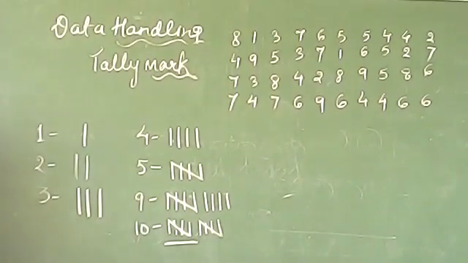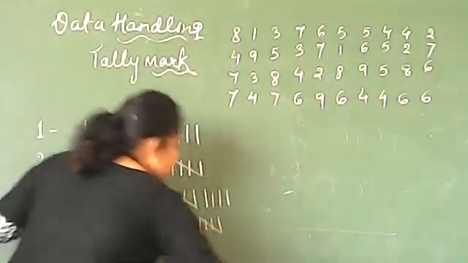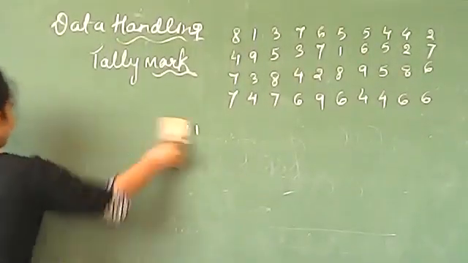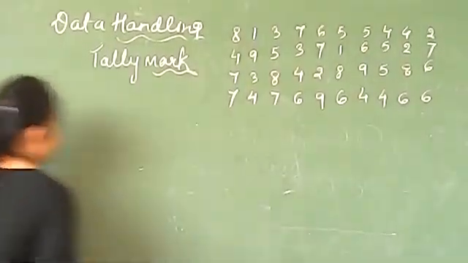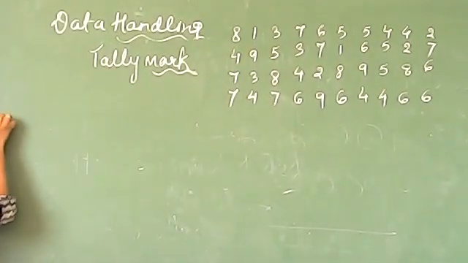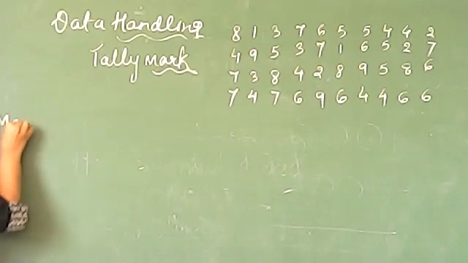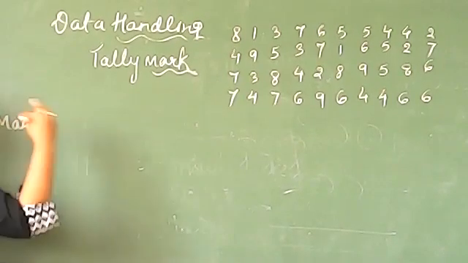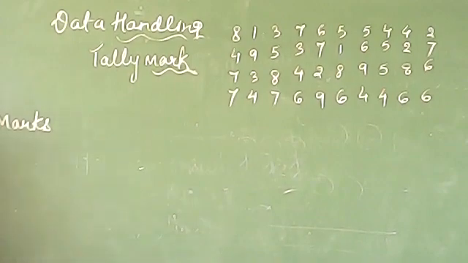So what do we do here? You know this question is related to marks. First of all, we will make columns in the form of a table. First we will write marks. One number is repeating many times, like 1 mark. 1 mark has been got by 2 students.